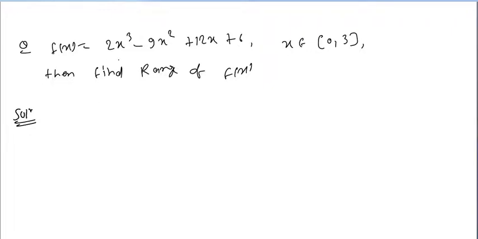So here is the polynomial function. A polynomial function is always defined, but we'll check where the derivative is 0. That is a critical point.